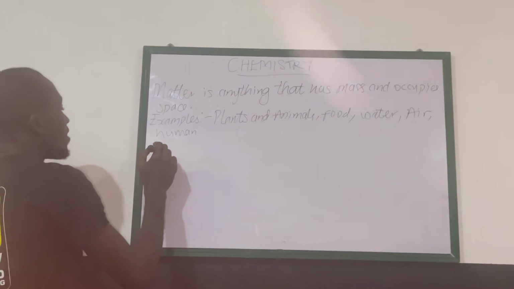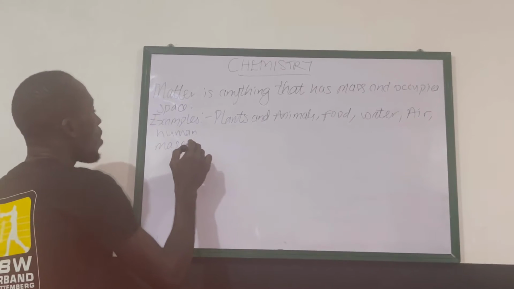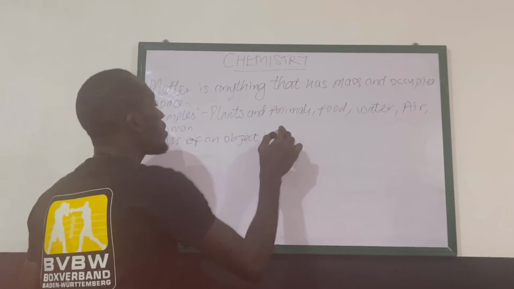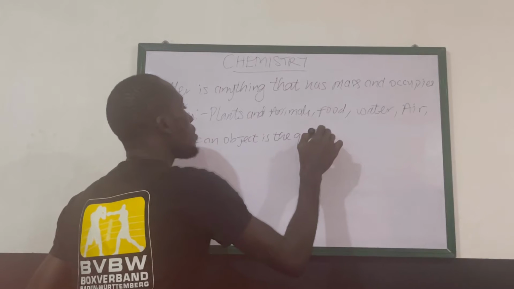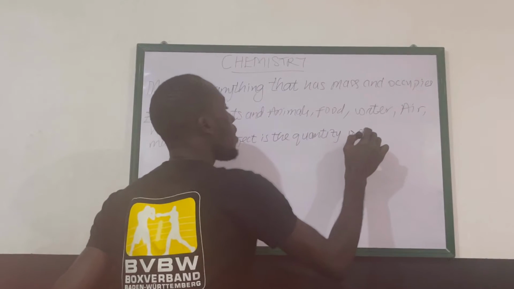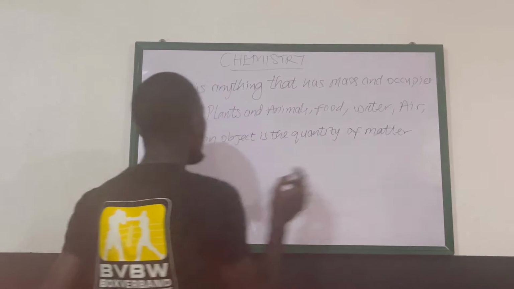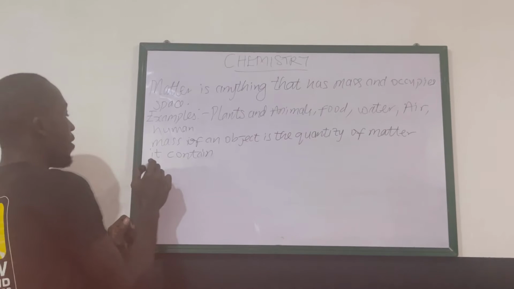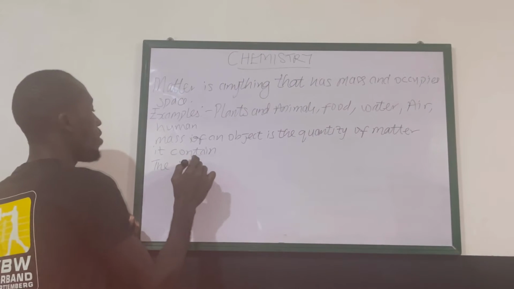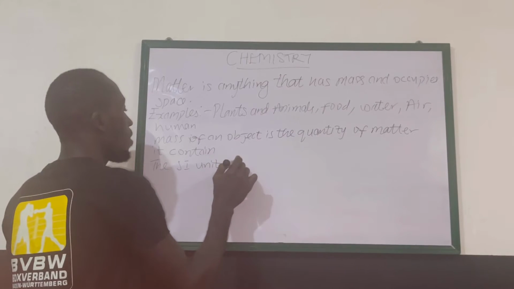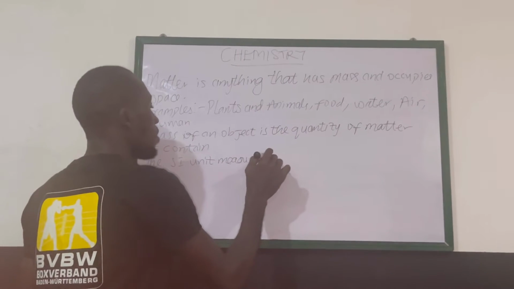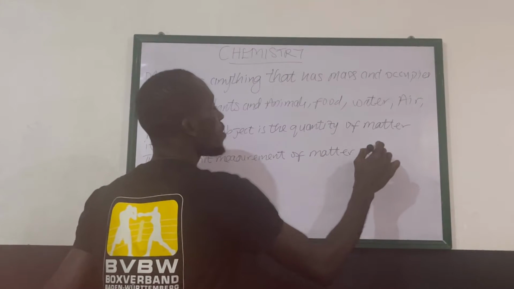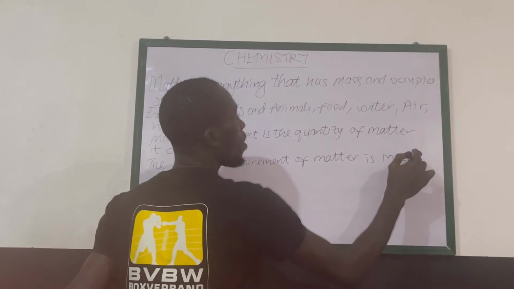Now, the mass of an object is the quantity of matter it contains. The SI unit for the measurement of the quantity of matter is the mole, which we're going to be talking about some other time.